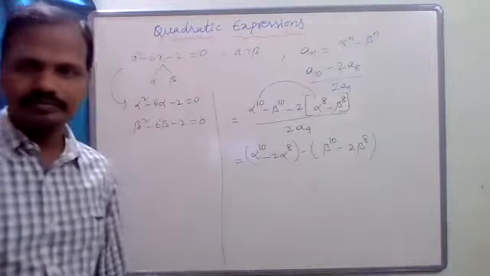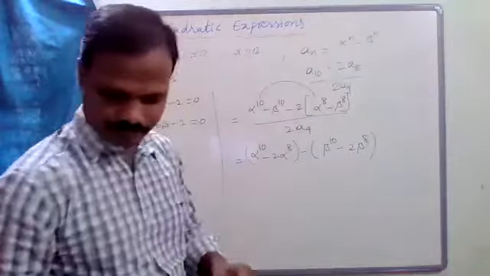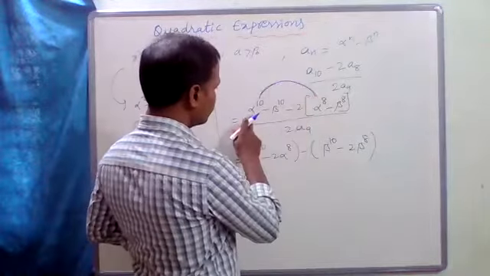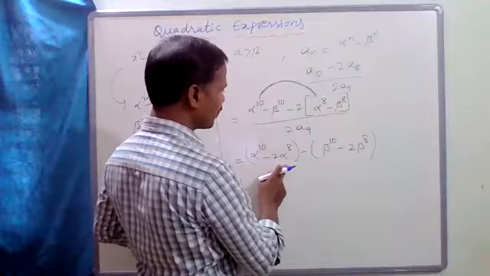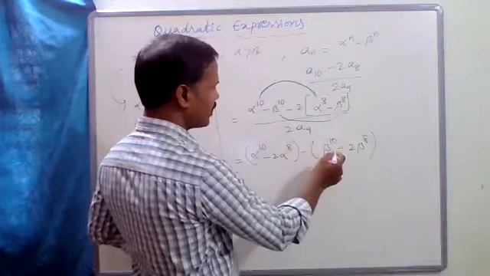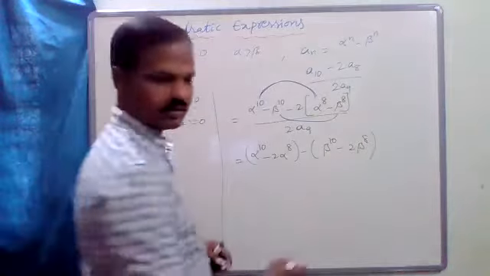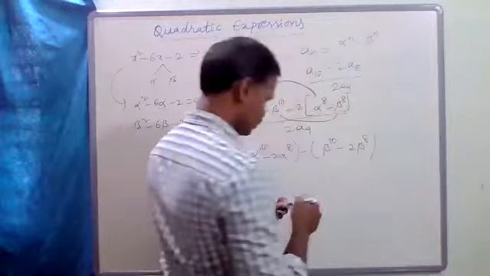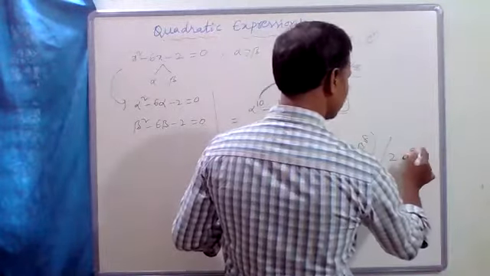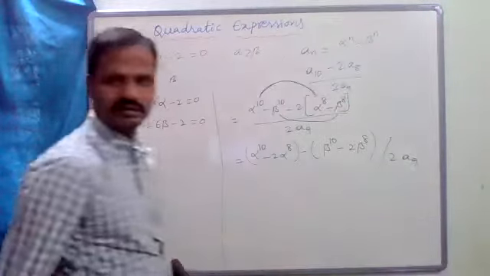Is it clear? From these two, alpha power 10 minus 2 alpha power 8, minus beta power 10 minus 2 beta power 8, by 2a9.